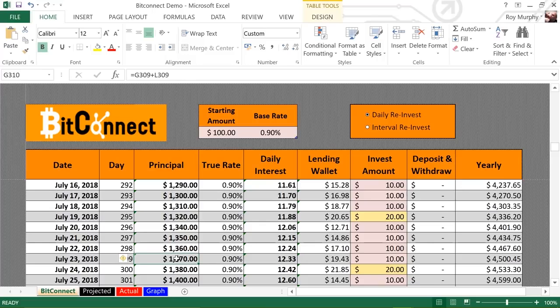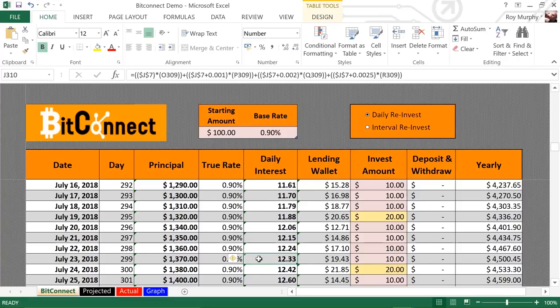This figure doesn't even calculate your principal back, so the calculator doesn't say it, but you actually get your $100 back. Your true rate is still 0.9%, and in 299 days' time you are earning $12.33 every single day.